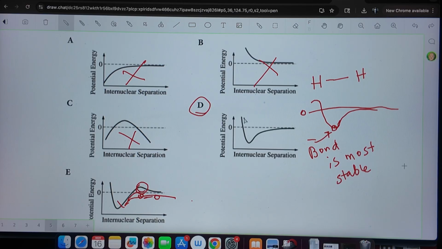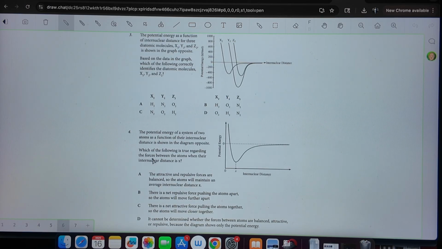Here they are when they are too close, here they are when it's ideal. This is the ideal distance. And then here is when they are slowly moving apart. So I think the answer is D, and this is a classic example, especially with a diatomic molecule. Okay, next question.